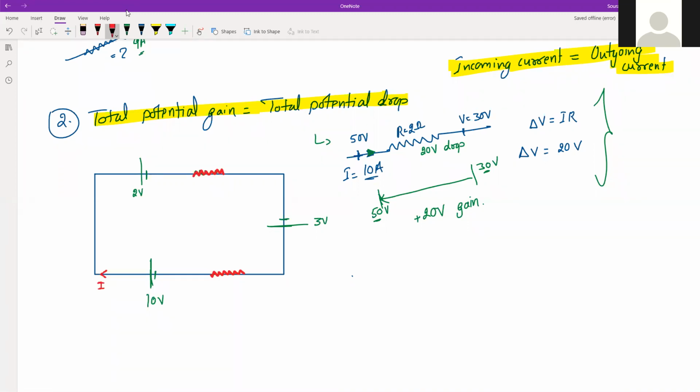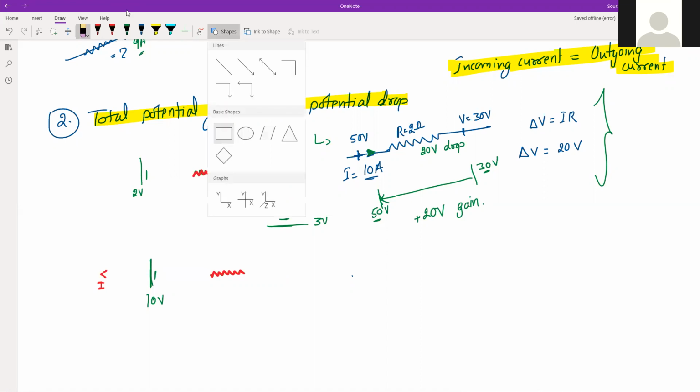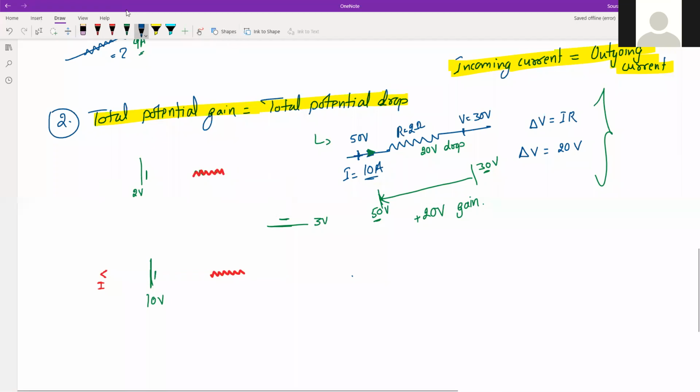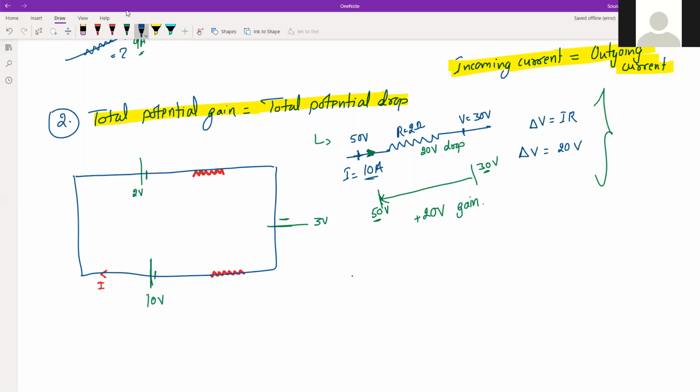But if you see here, there will be a drop in voltage, right?